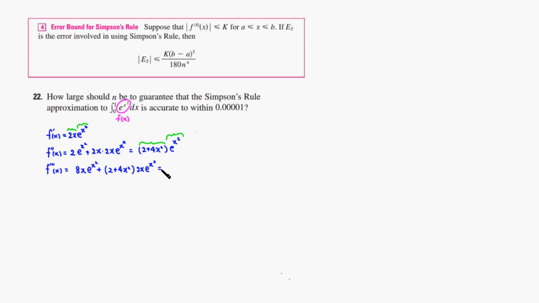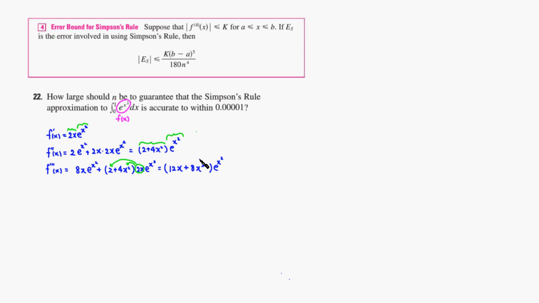By cleaning it up, there's 8x here. Then I'm going to pull out the e to the x squared. Then 2 times 2x is 4x, so I'm distributing 2x to 2. I'm going to combine that with 8x, so 8x plus 4x is 12x, plus then distribute 2x to 4x squared, so that would be 8x cubed.